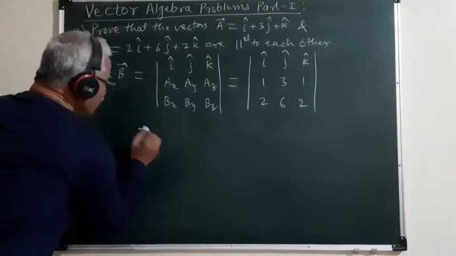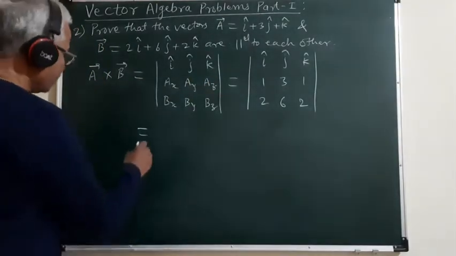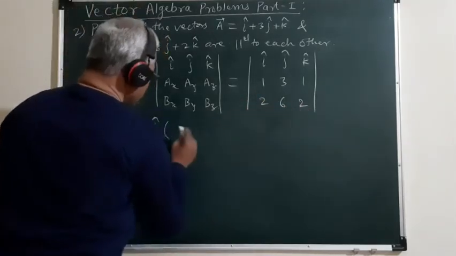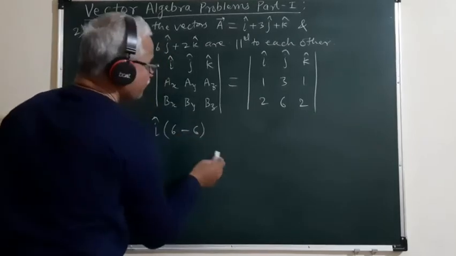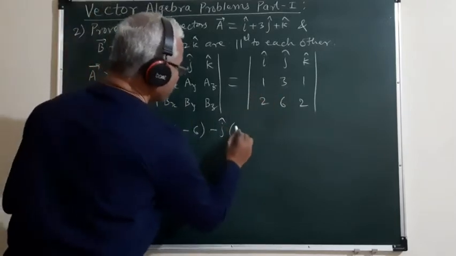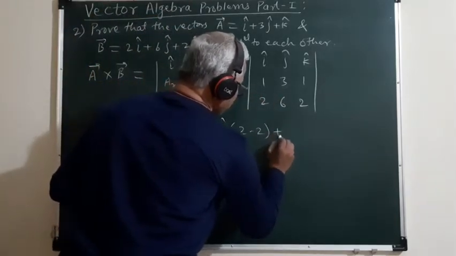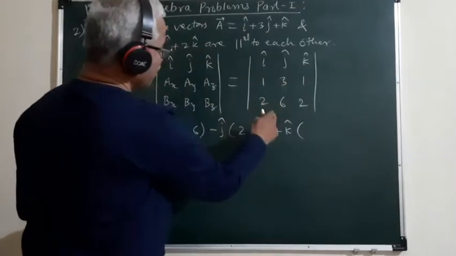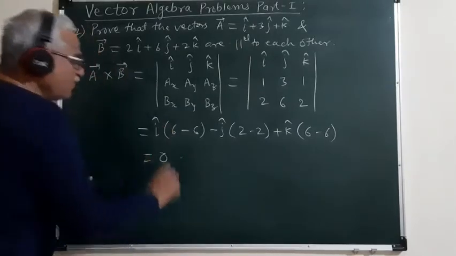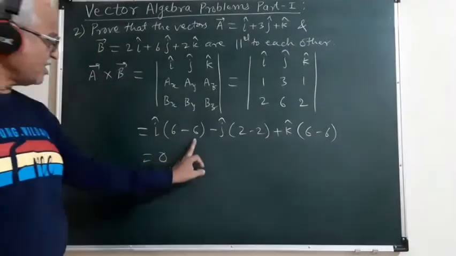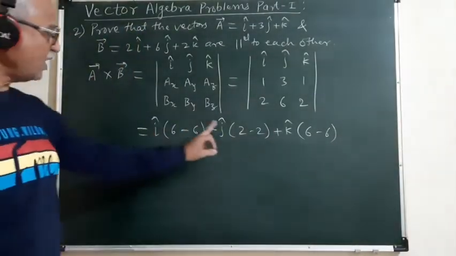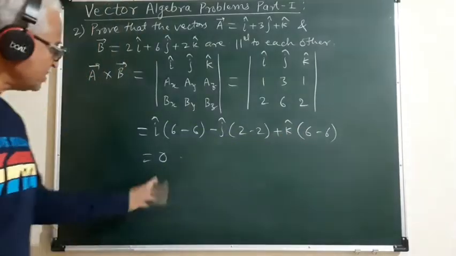So if we evaluate this determinant, we can express it as i cap into bracket 6 minus 6 minus j cap into bracket 2 minus 2 plus k cap into bracket 6 minus 6. So this 6 minus 6 is 0, 2 minus 2 is 0, 6 minus 6 is 0. So this is 0i minus 0j plus 0k, so it is 0.